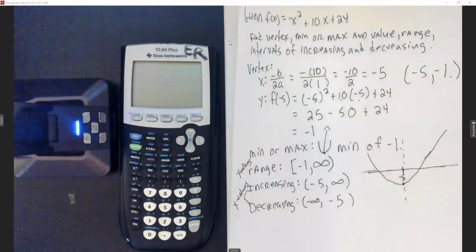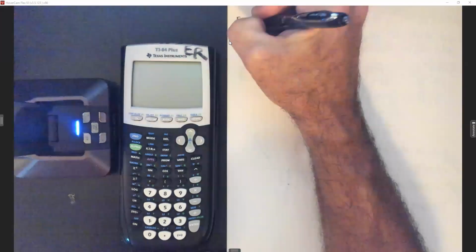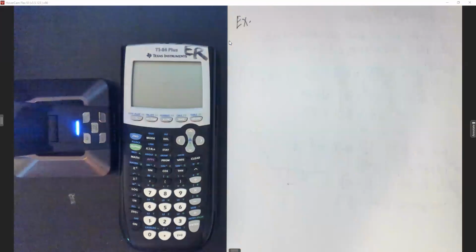All right, so that is about the same. So one more problem, and then I'll do the 6-1. This is an application of the vertex formula.